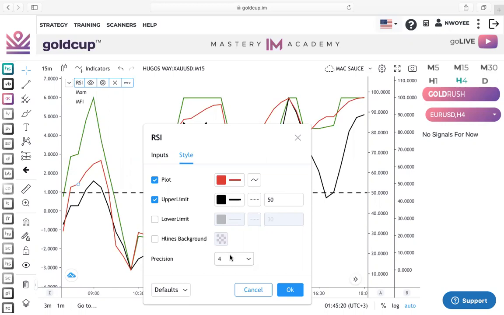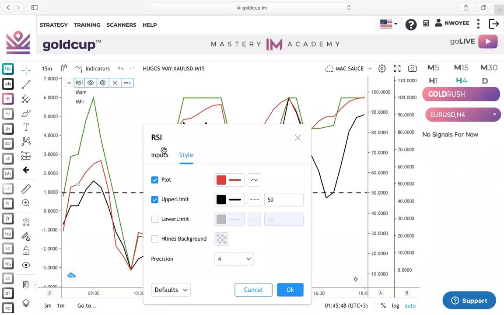So you can take a screenshot, whatever you want to do, write it down. But plot is checked, upper limit is checked, plot is red, upper limit is black, and beside the upper limit it says 50. The lower limit is unchecked, the hide background is unchecked. The precision is 4, okay?